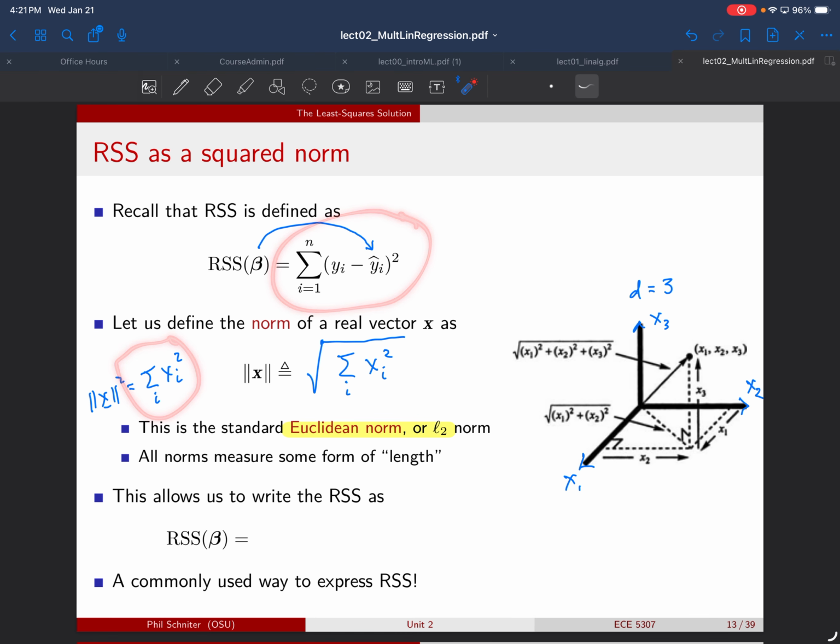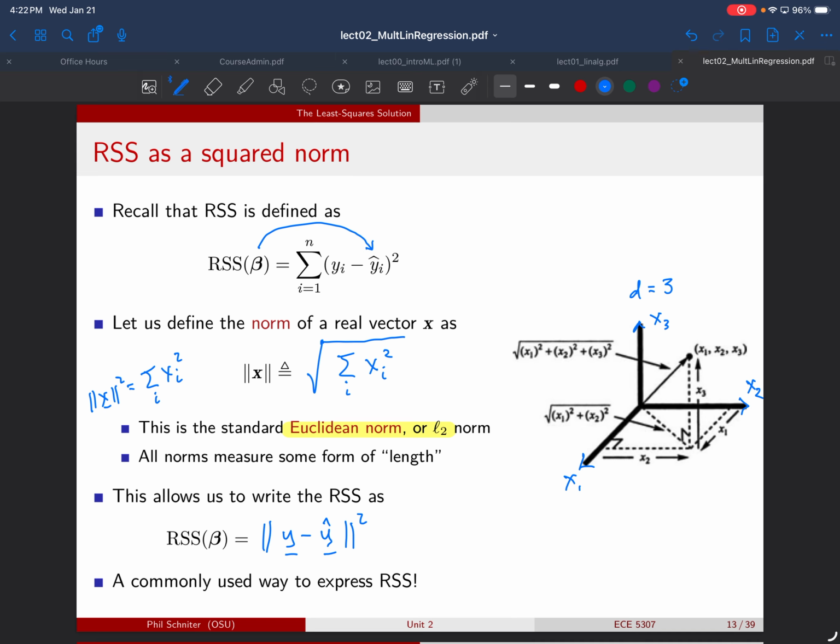The only thing we have to do is instead of using xi here, we have to use yi minus y hat i. And correspondingly, instead of using x here, we have to use y minus y hat. So putting those ideas together, we get the norm of y minus y hat, squared, like this.